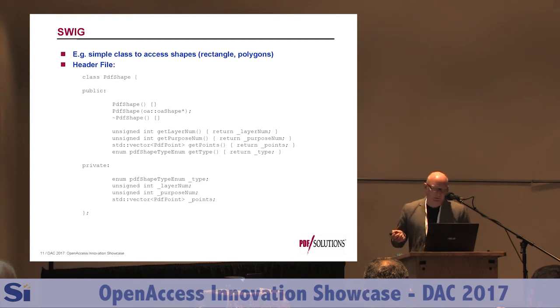Internally, on the C++ side, I convert my OpenAccess shape into something I store here in a layer num, a purpose num, and some points, which is, again, my own class. So I'm putting a layer on top of OpenAccess, which means, of course, that I store all the data twice.